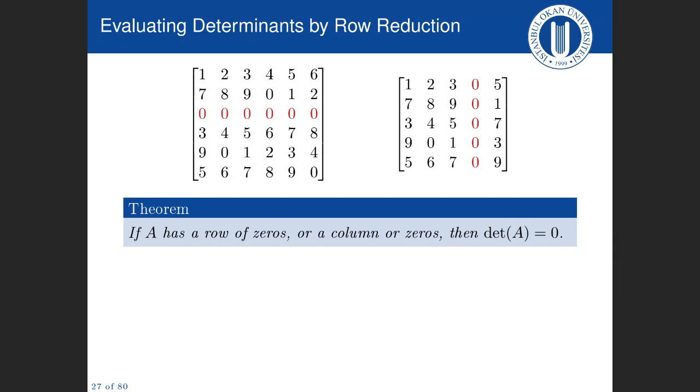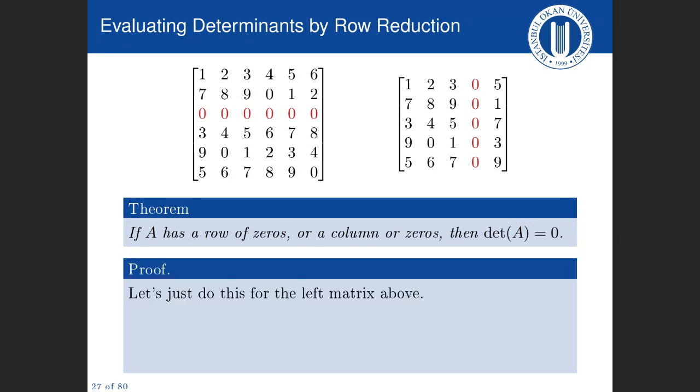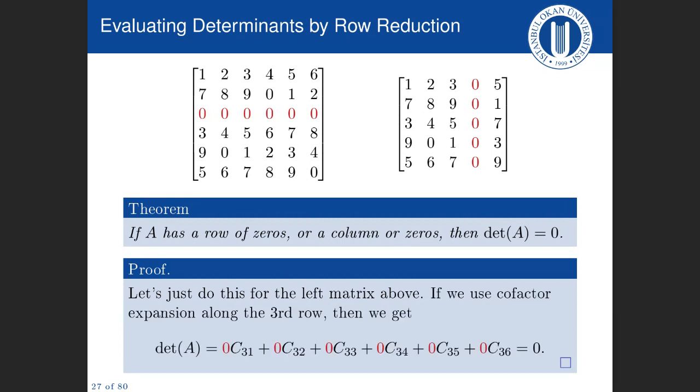Why? Let me prove this to you. And I'm just going to prove it for the left matrix above, because the idea is the same for any matrix. The left matrix above has row 3 as all zeros. I want to do cofactor expansion along the third row.